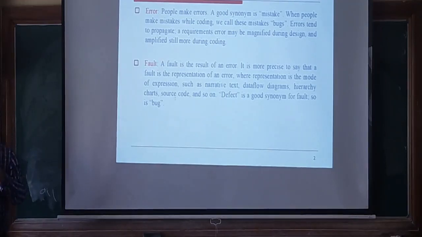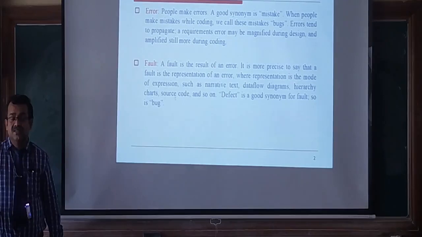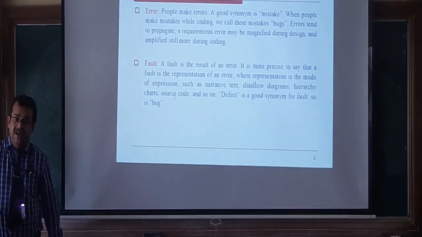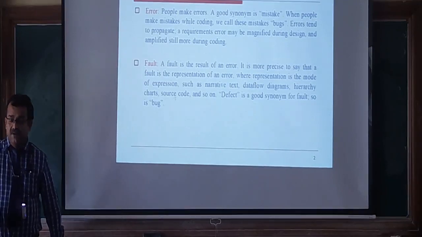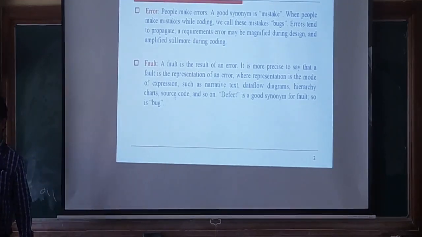It is more precise to say that a fault is a representation of an error, where the representation is the mode of expression. It may be narrative text, a data flow diagram, a hierarchy chart, source code, etc. A synonym of fault is a defect or a bug.